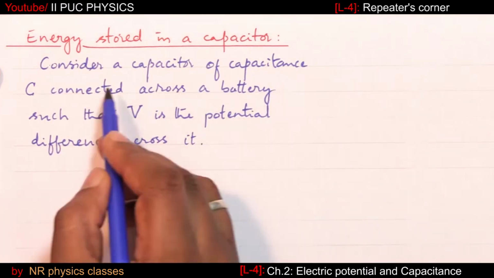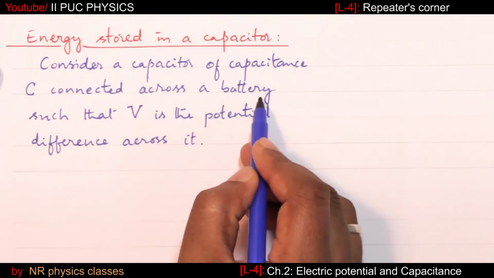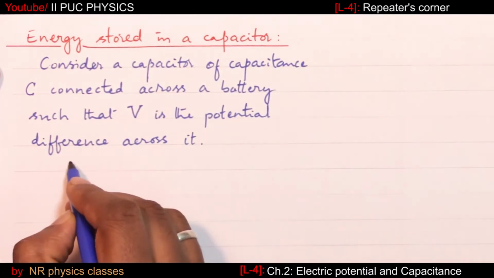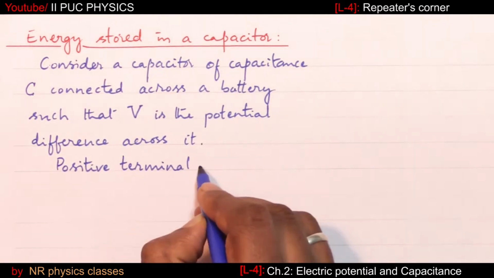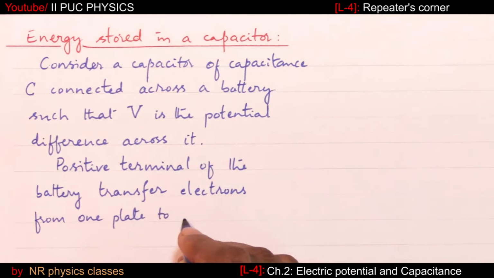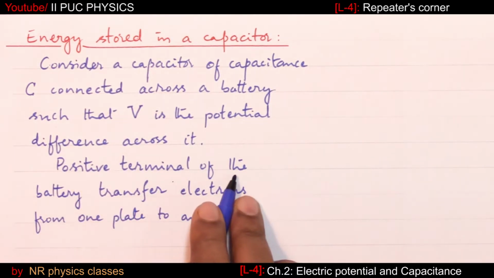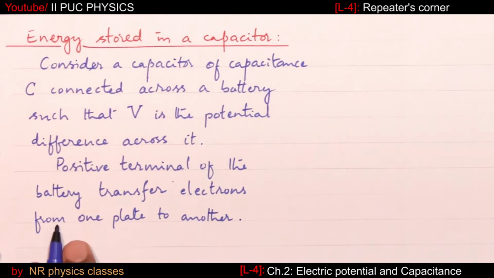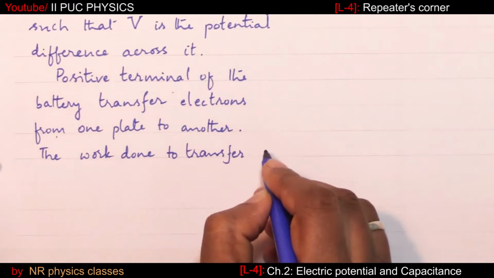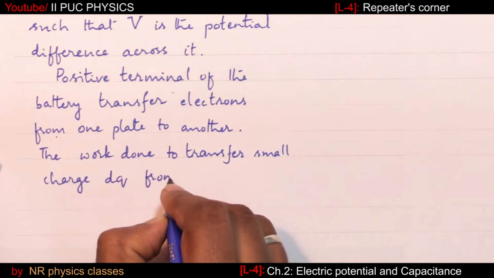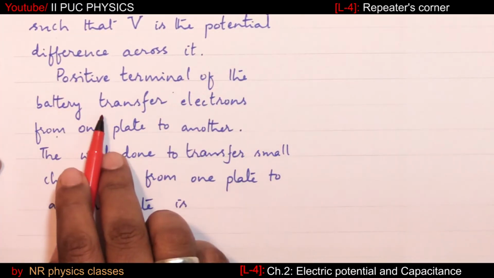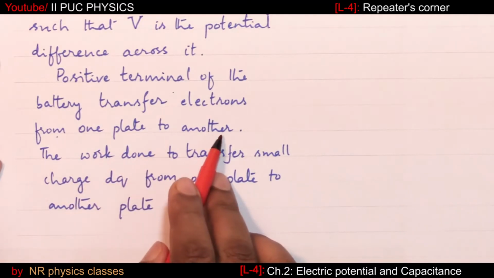Consider a capacitor of capacitance C connected across a battery such that V is the potential difference across it. Positive terminal of the battery transfers electrons from one plate to another.